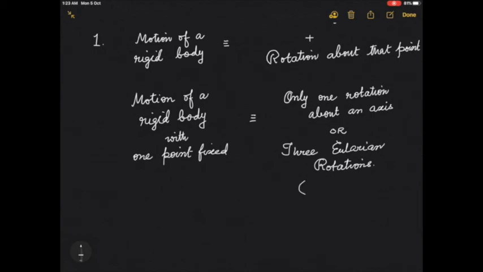Right? These three rotations, we have been denoting them as three angles phi, theta, and psi.